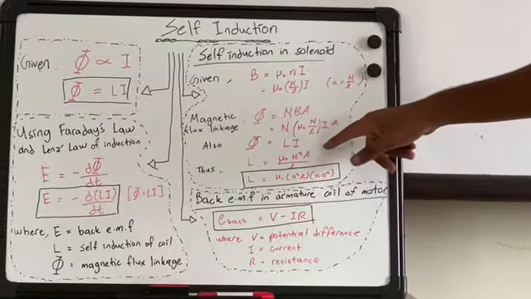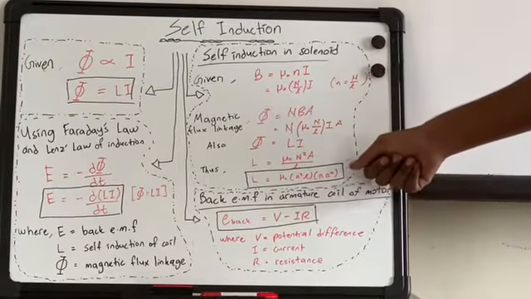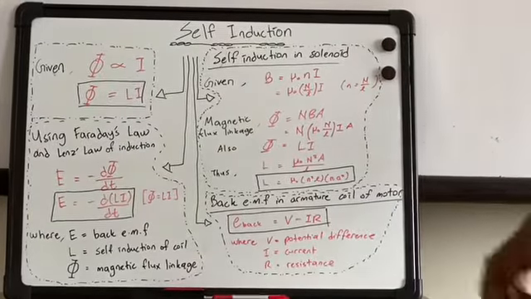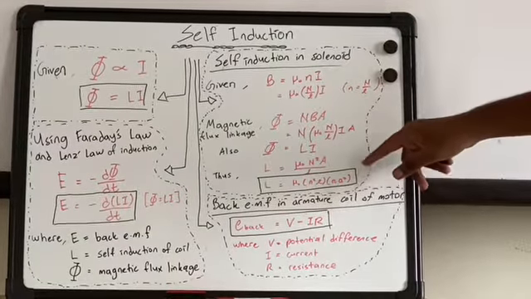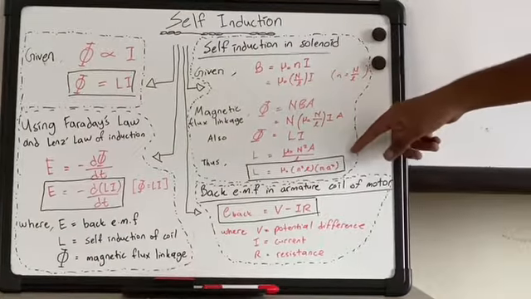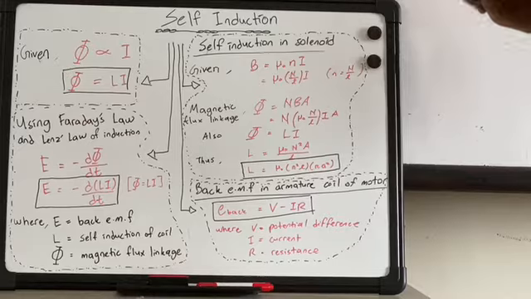So at last we can get the self-inductance, L equals mu 0 n squared l A. So this is the formula for self-inductance in a solenoid.